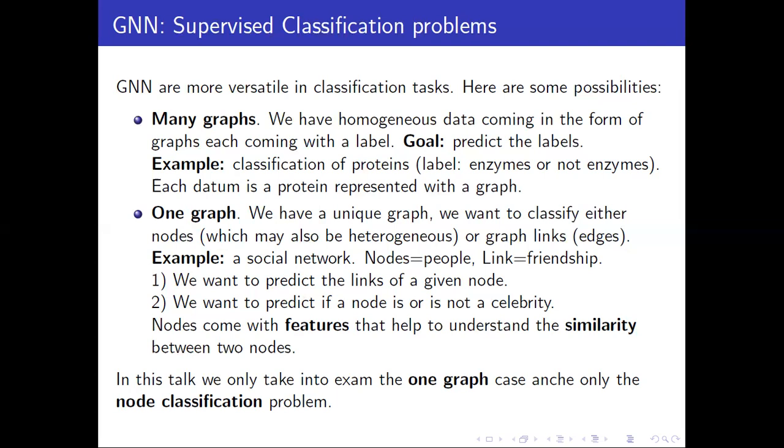For example, you label the nodes of your social network: a node is labeled 0 if it is a common person, 1 if it is a celebrity. You run your algorithm on the graph with the labels that you know, and then you say, I have a node that is not labeled, is it a celebrity, yes or no?